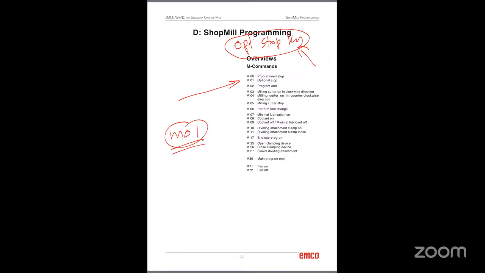If this key is off, even though this code is in your program, the program will continue. So make sure that the optional stop key is on. Again, this is for inspection, to check the workpiece or take any measurement in between the operation.